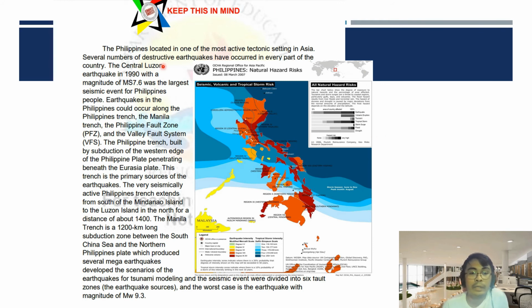So, here is another map showing not only actually the seismic activities, but of course the volcanic and other storm concerns or tropical storm risk po. But i-disregard nyo lang yung blue, kasi yung shades of blue dito, patungkol siya sa mga tropical storm risk or intensity na naranasan natin.